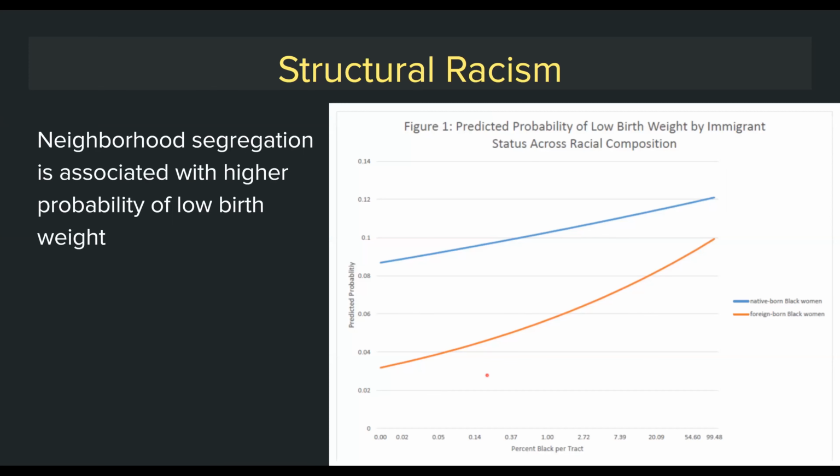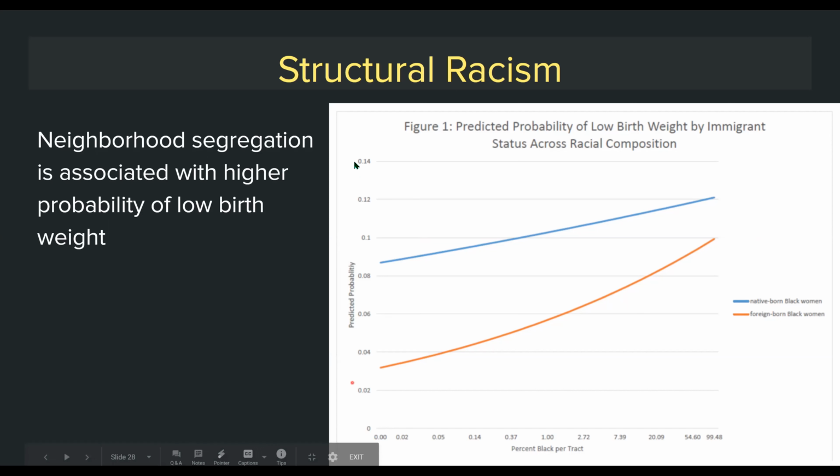Also, the neighborhood impacts the immigrant effect or that protective quality, because as neighborhoods are more segregated, so as we go along this line, this is more segregation over here. The orange line is the foreign-born Black women. The blue line is the native-born Black women.